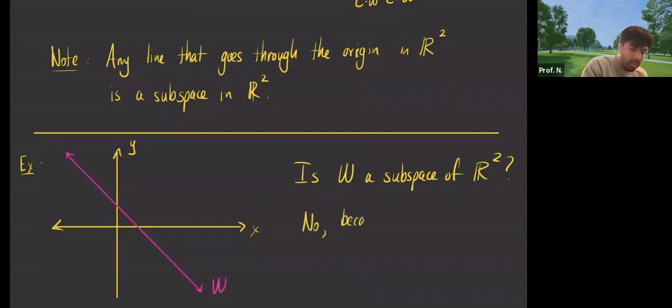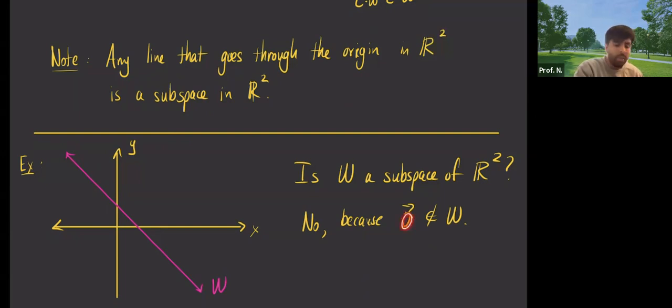Because 0 is not in W. Obviously, it doesn't go through the origin. So the 0 vector is not in this subset. If it's not in the subset, there's no reason to mention W being a vector space, let alone a subspace.